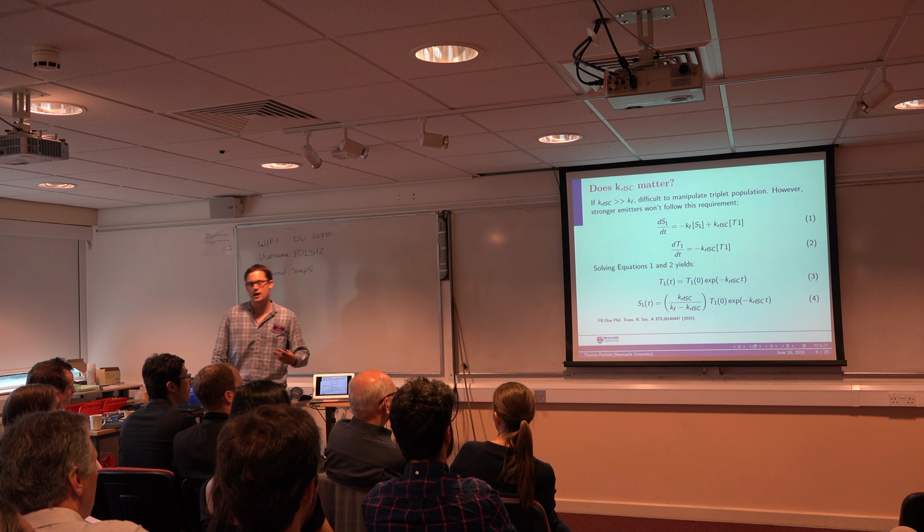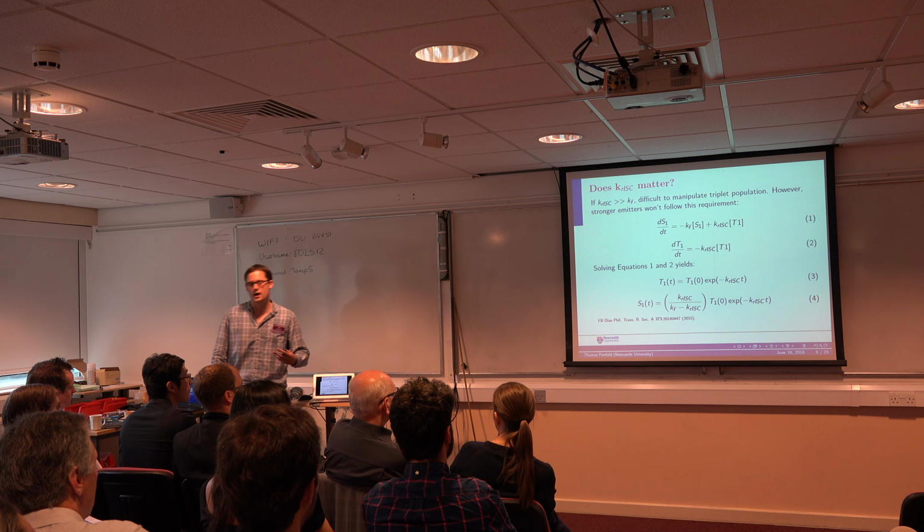And as is well known in this room, because the amount of population in the triplet state is important for especially things like quenching effects, it's going to be crucial to try and maximize this reverse intersystem crossing to make sure that we avoid these kind of quenching effects and have the most efficient devices that we can.